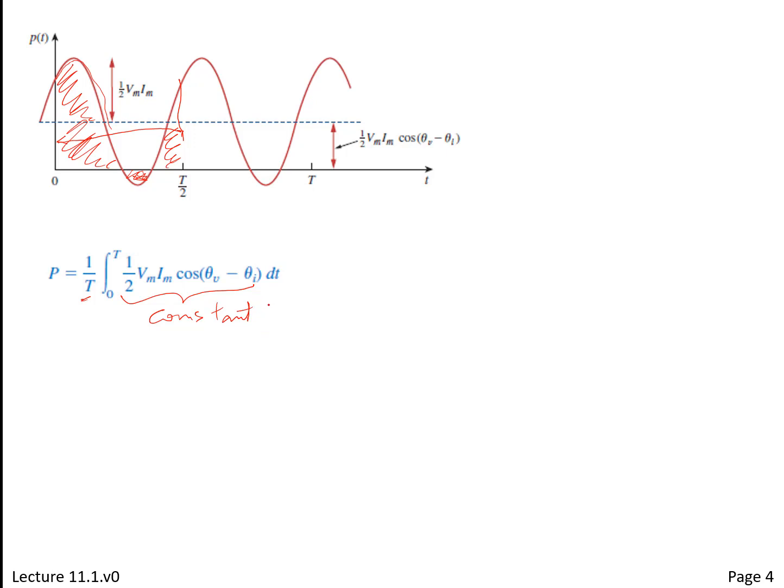So this whole thing is going to be 1 over t, times what? A constant k, t, the integral of dt is t, evaluated from 0 to t. So this is going to end up t over t, this is going to equal 1, yeah? Or k, right, I should say. It's going to equal k.